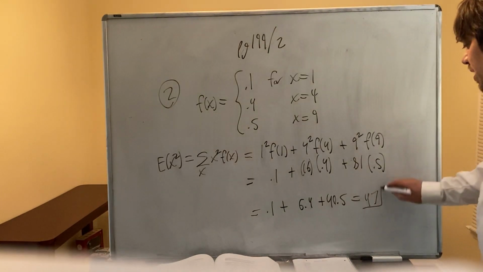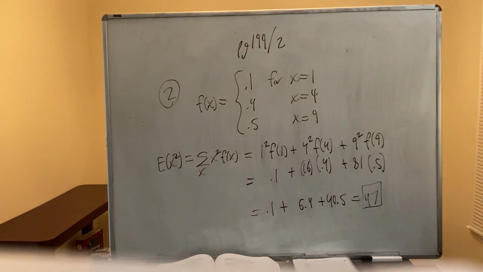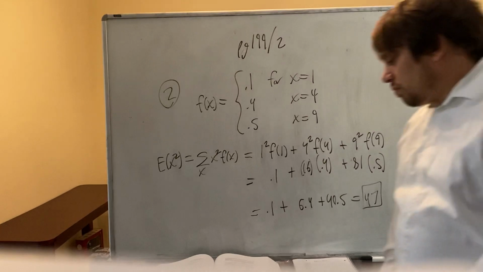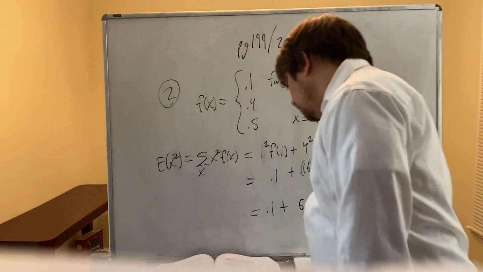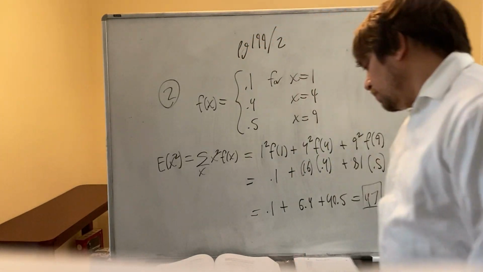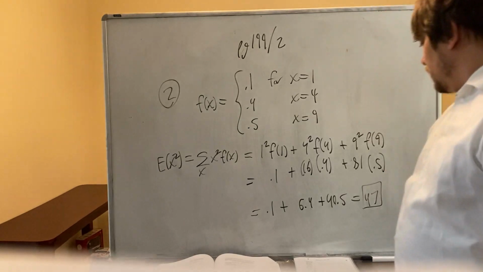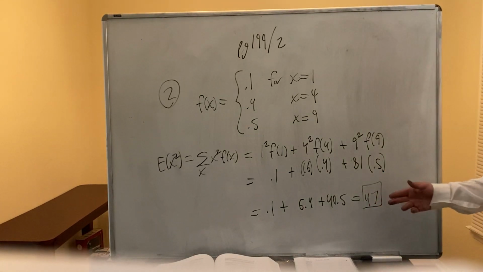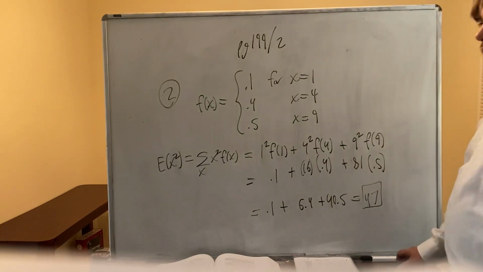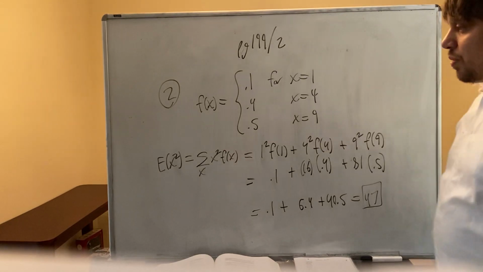Okay, so e of x squared is 47. Let's do one more.